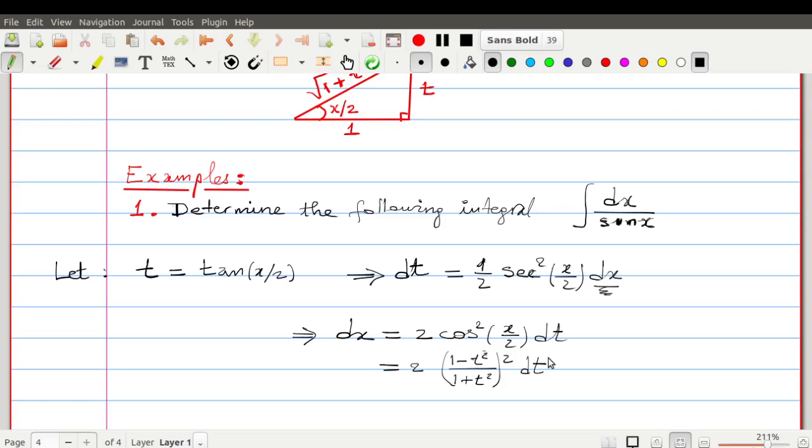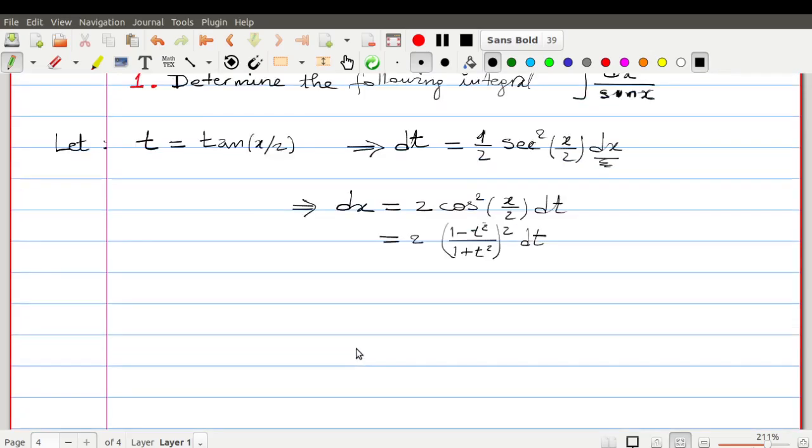No, we can't really. All right. Now, how do we write our sine function in terms of t?